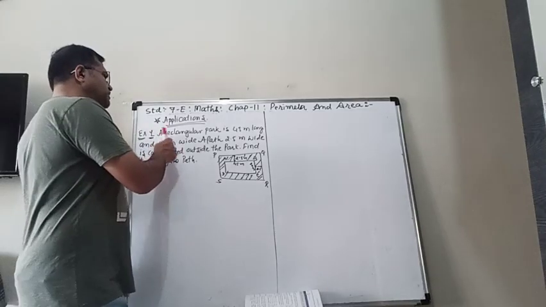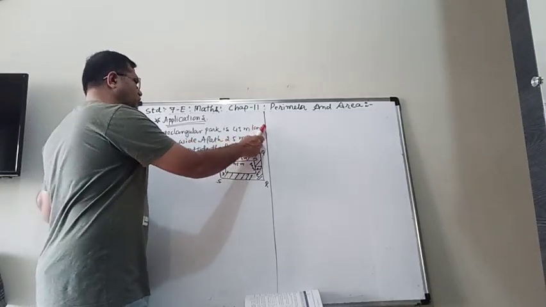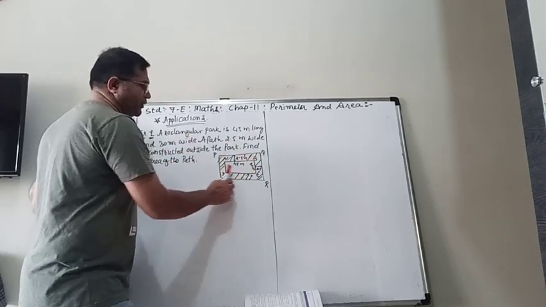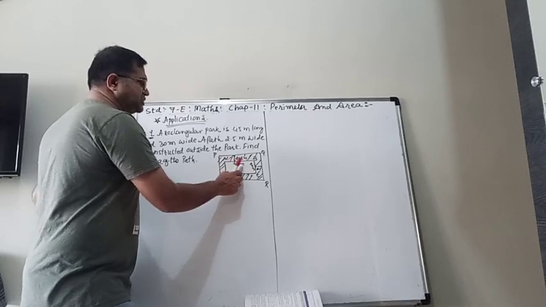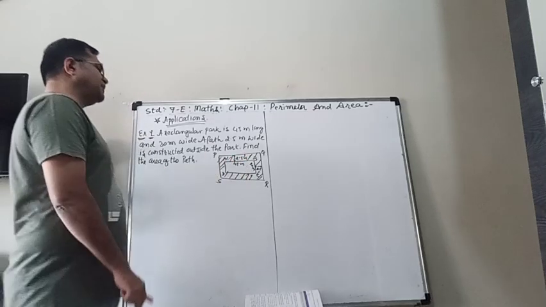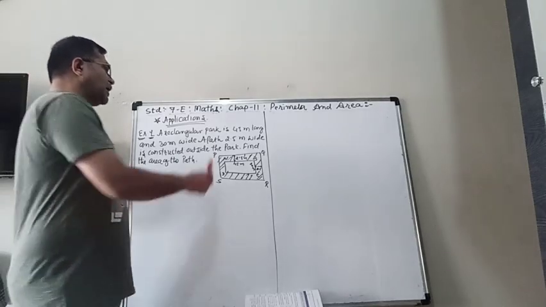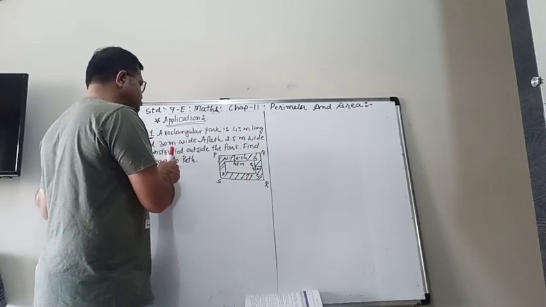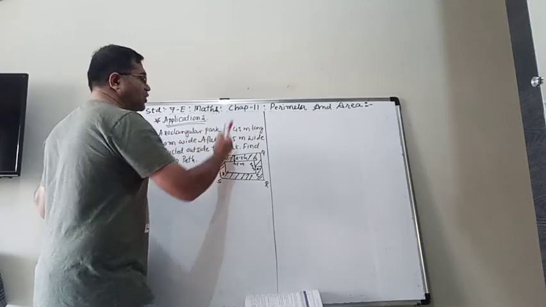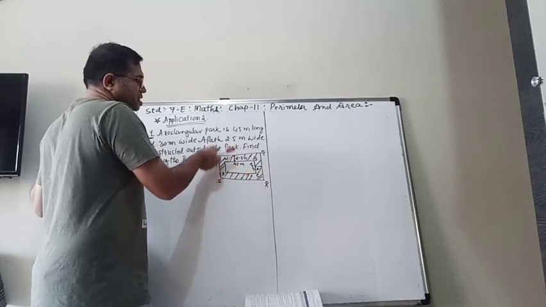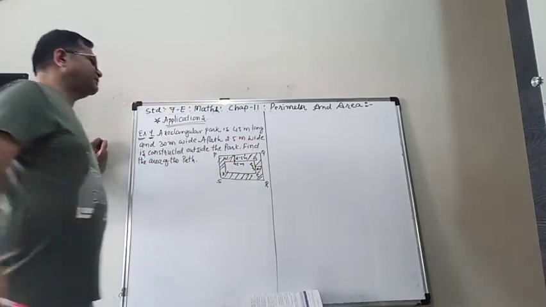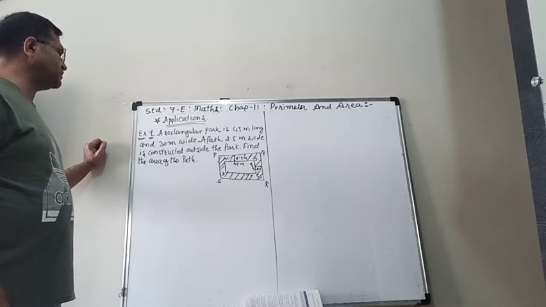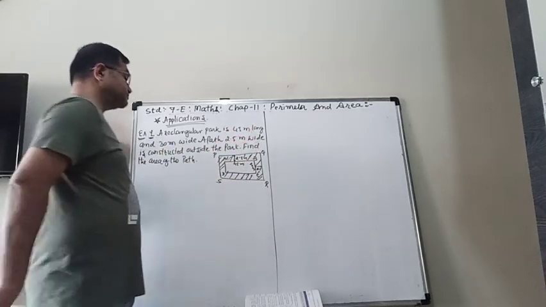Given that a rectangular park is 45 meter long and 30 meter wide. So this is the plot inside, whose length is 45 meter and breadth is 30 meter. A path 2.5 meter wide is constructed outside the park. Now we have to find the area only of the path.